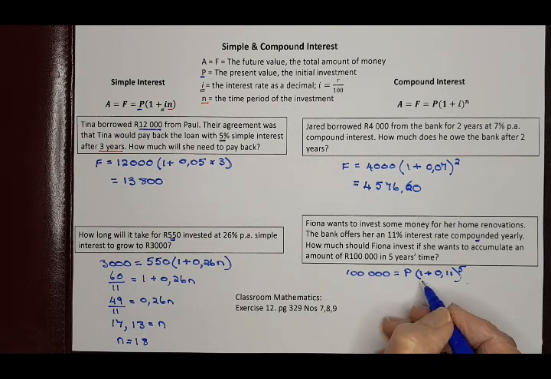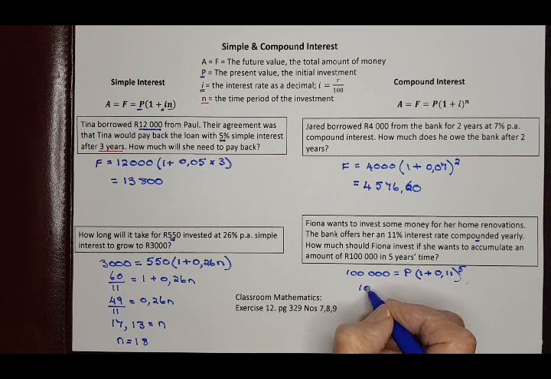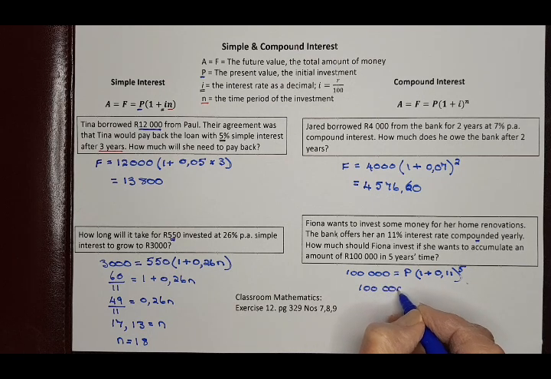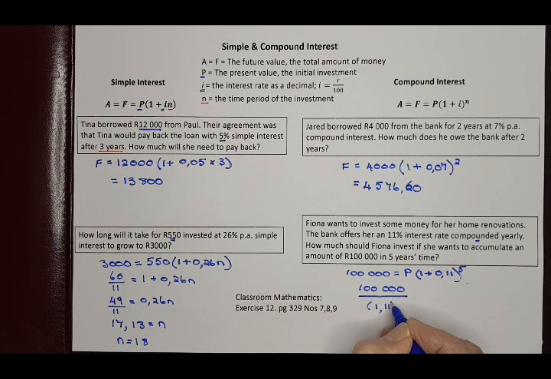So the algebra you're going to do here, you want to isolate your P. You have 100,000 divided by 1.11 to the power of 5, and that's our present value. So our 100,000 Rand divided by 1.11 to the power of 5.